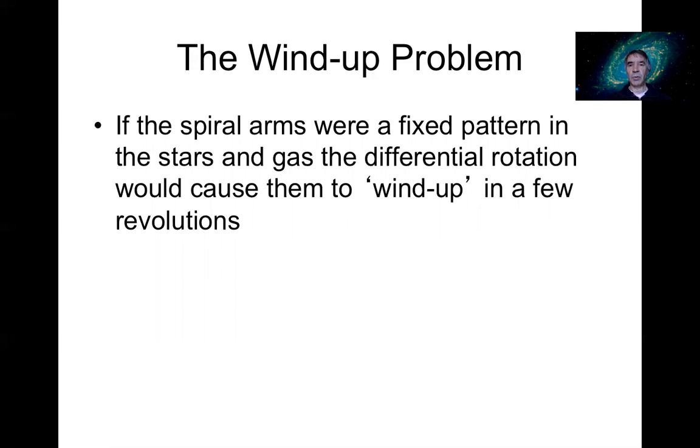But all of the spiral galaxies that we see in the universe seem to have a similar kind of spiral pattern. They're not wound up at all. So there's a conflict there.